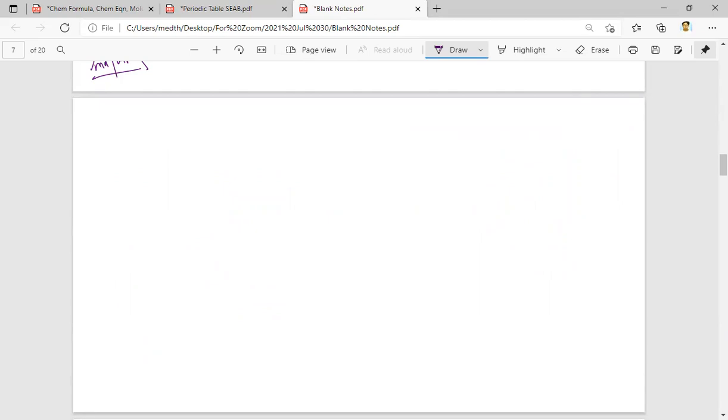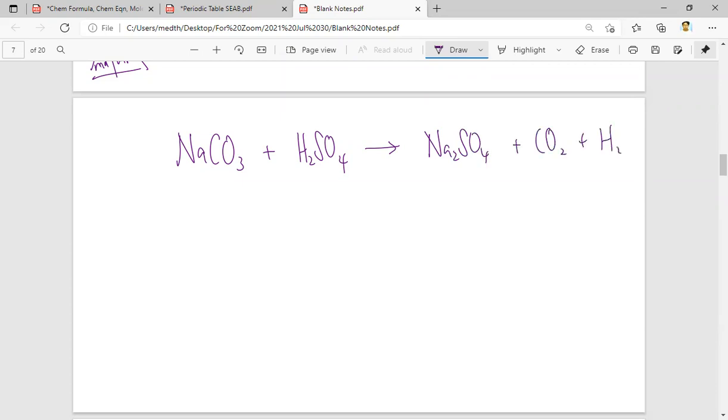Let's try this one. Na2CO3, sodium carbonate. I react it with sulfuric acid. What I'm going to get is sodium sulfate plus carbon dioxide plus water.